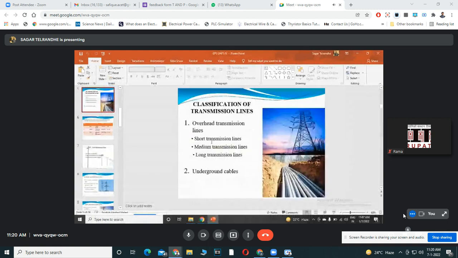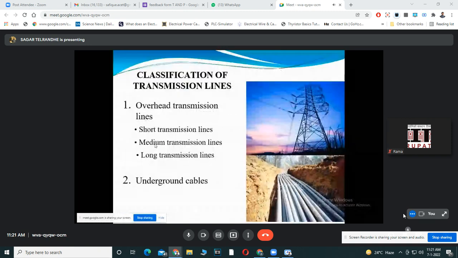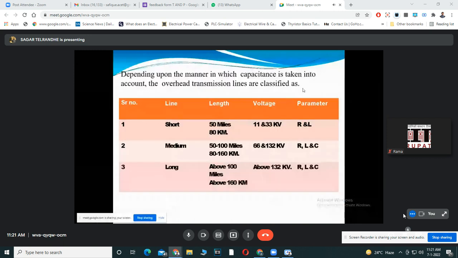As we have seen, the overhead transmission lines are further classified as short, medium, and long transmission lines. We study it in a little more depth: depending upon the manner in which the capacitance is taken into account, the overhead transmission lines are classified as short transmission lines, medium transmission lines, and long transmission lines.